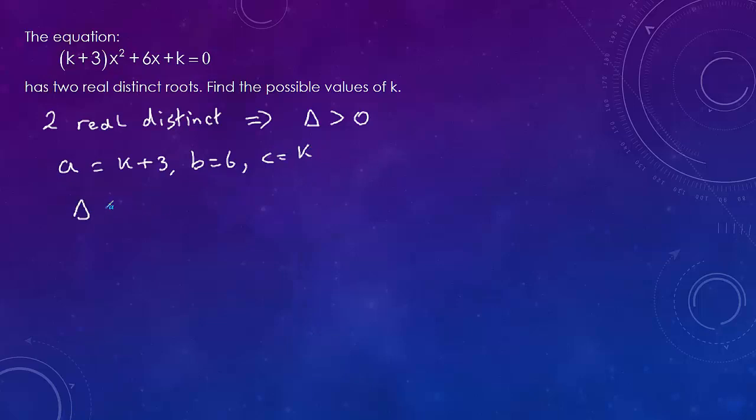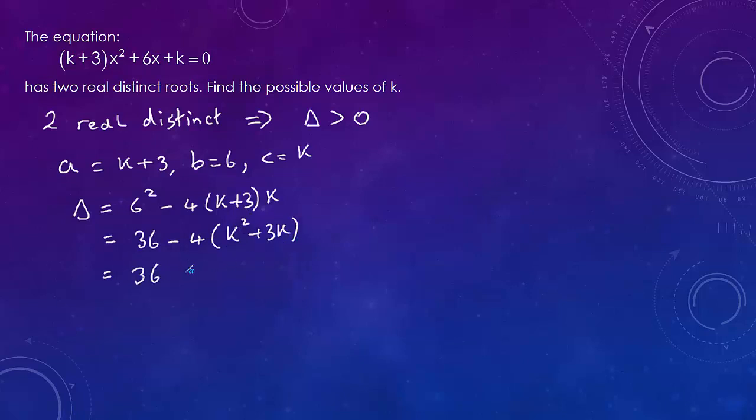So delta is going to be 6 squared take away 4 multiplied by k plus 3 multiplied by k, which is 36 take away 4 lots of k squared plus 3k. So that's 36 take away 12k take away 4k squared.